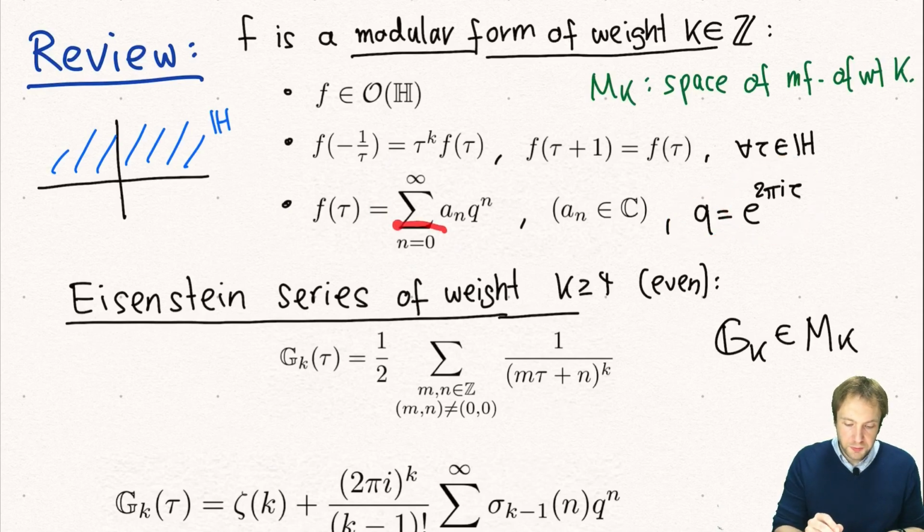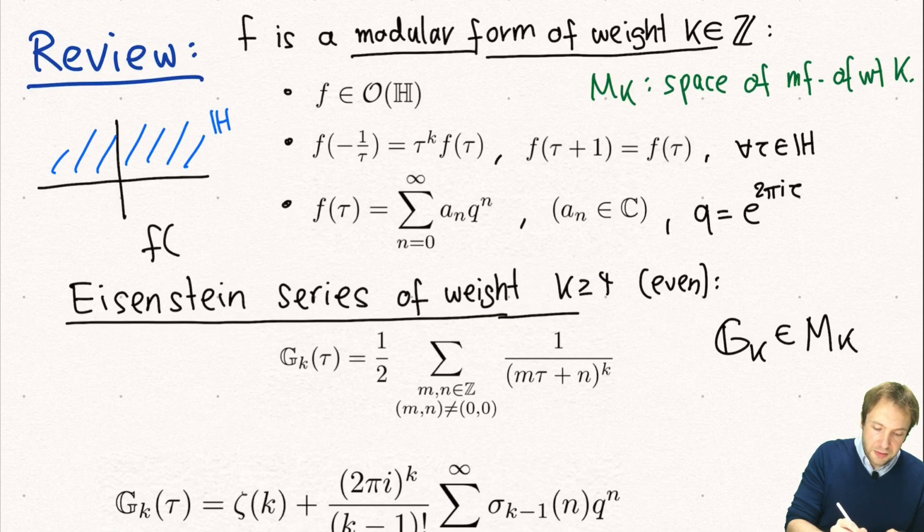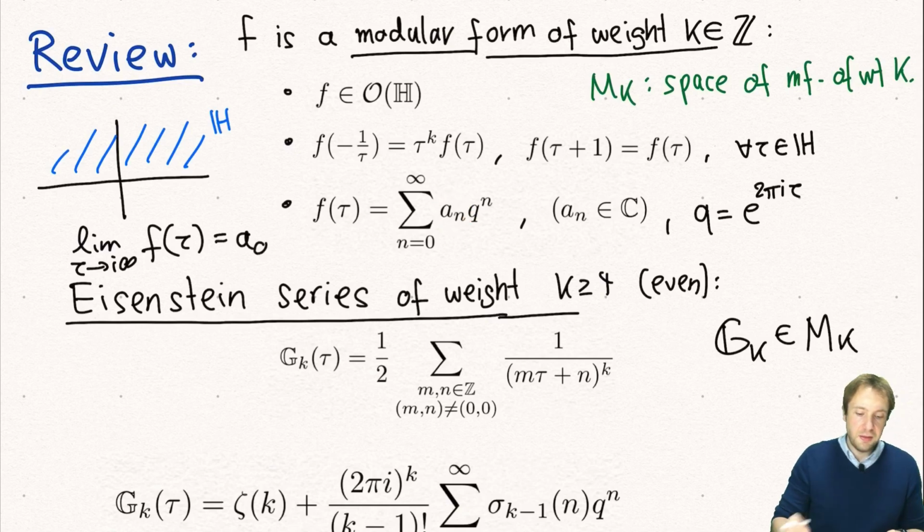And the main point was that this sum here starts at 0. Another way to phrase this is that f(tau) is bounded when tau goes to i infinity, here for example on the imaginary axis, and then the value a0 here was exactly given by this limit here.